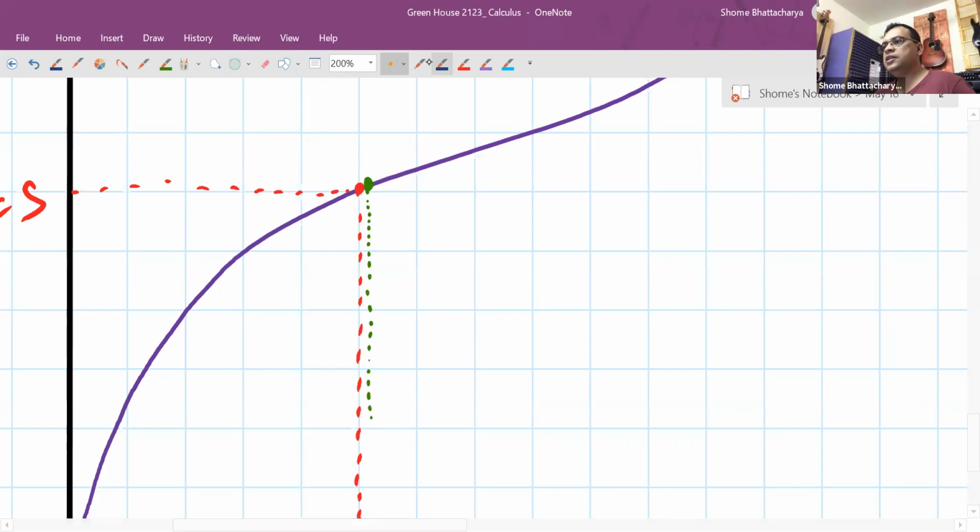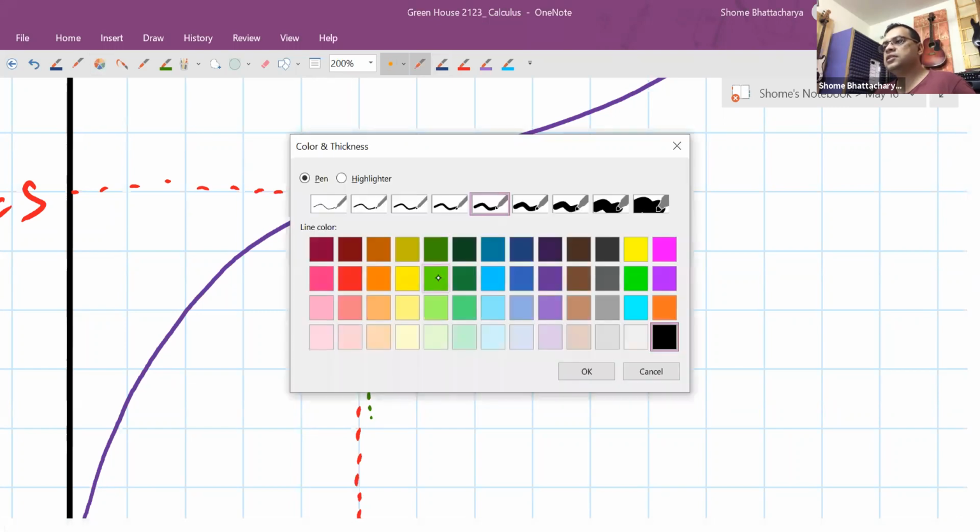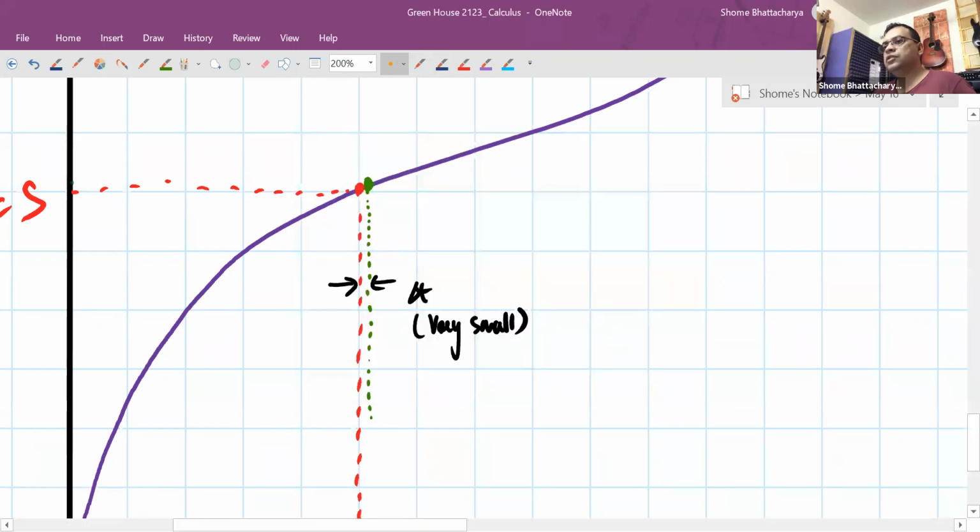So this time interval from here to here becomes delta t, a very small time interval. And correspondingly in that time interval, I can see that it should have traveled a very small distance. So this vertical change is that very small distance during that very small time.